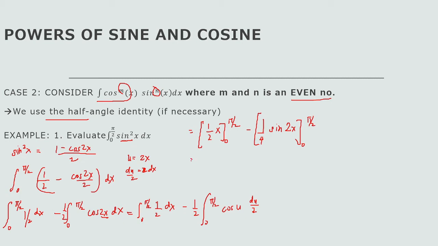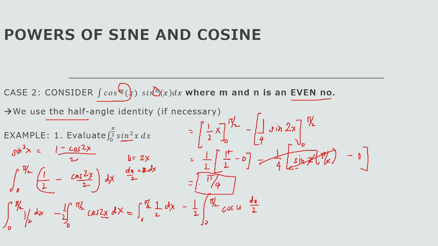Okay, so substituting, that's 1/2 times pi over 2 minus 0, minus 1/4 times sine 2 times pi over 2, minus 0. So sine pi is 0. 0 minus 0 is 0. 0 multiplied by 1/4 is 0. So this is disregarded. Therefore, pi over 4 is our final answer, and that is in radian form.